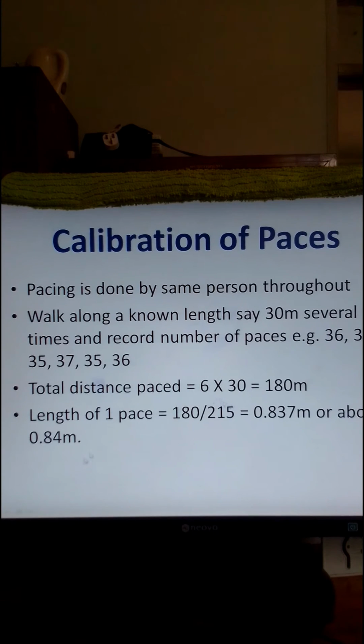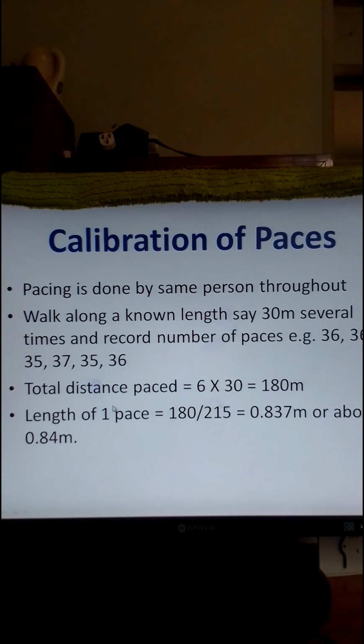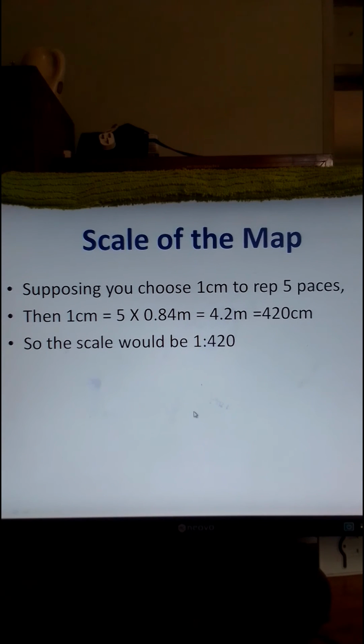Now from these findings, you can deduce the scale that you will use to make the map. So let's say that 1 centimeter represents 5 paces. You want to make a map and you decide that 1 centimeter represents 5 paces. Alright, so in this case it means that 1 centimeter represents 5 times 0.84 meters, because the length of one pace is 0.84 meters.